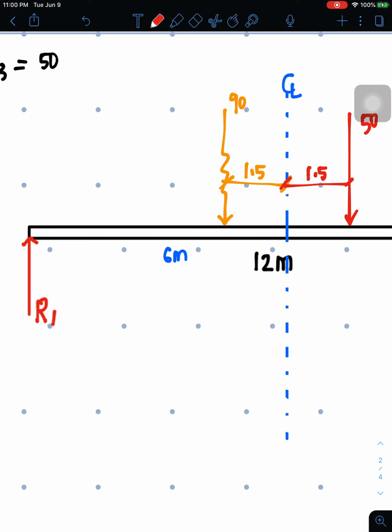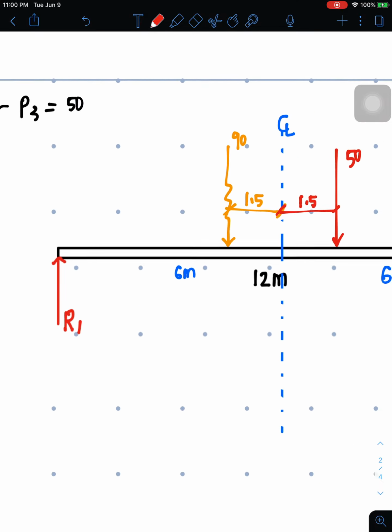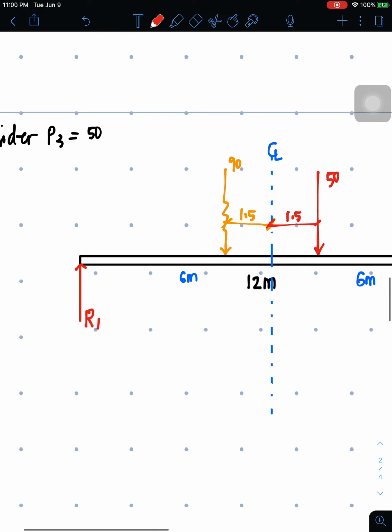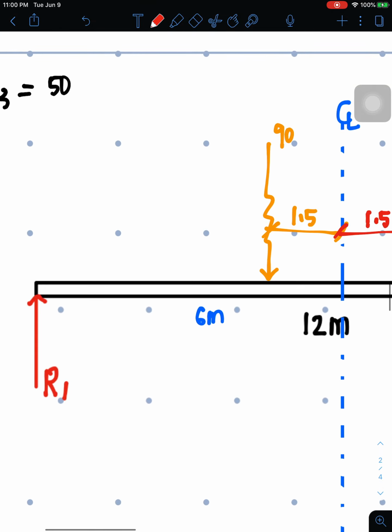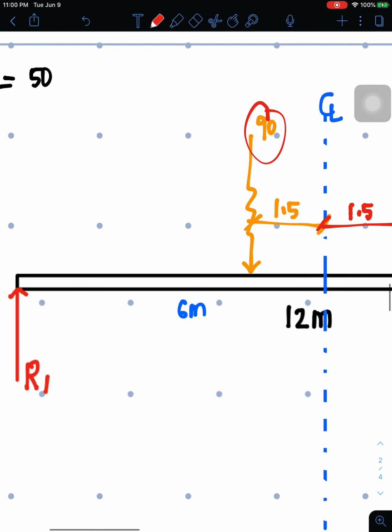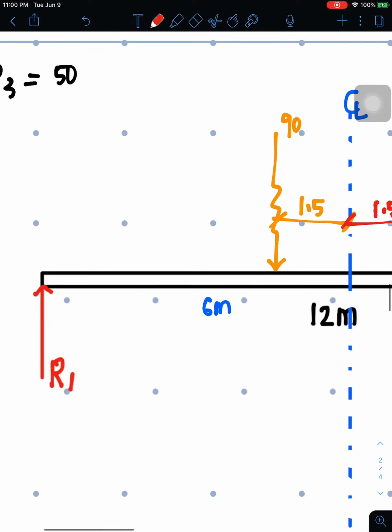Next, we're gonna place the 25. So 25 is 3 meters away from 90. So 3 meters away from 90, maybe it's found here.